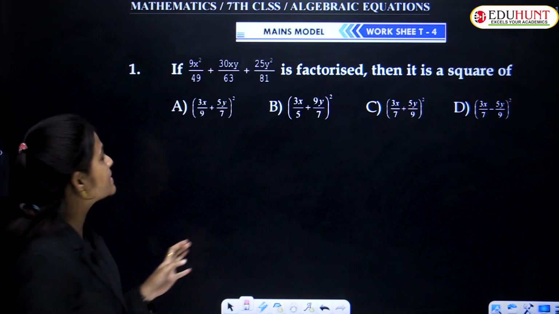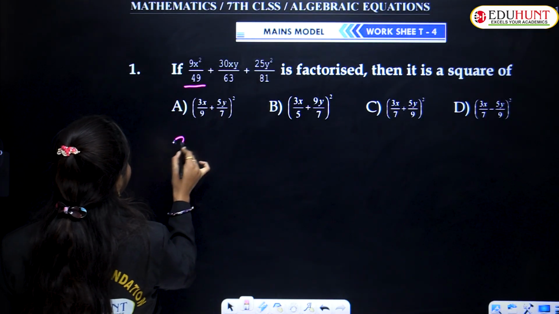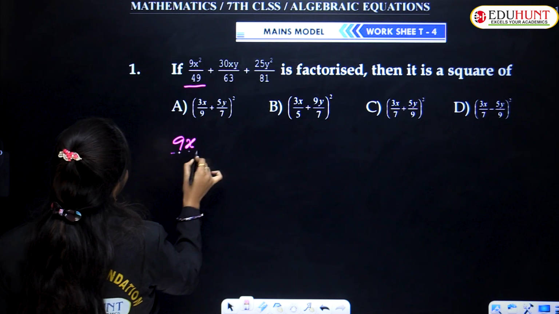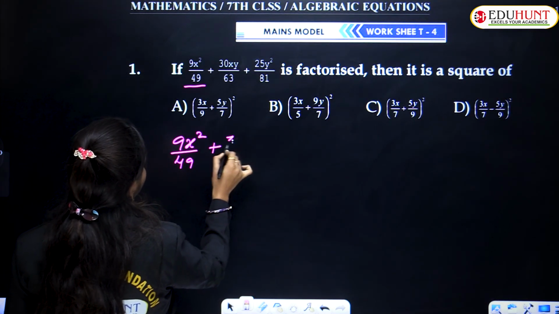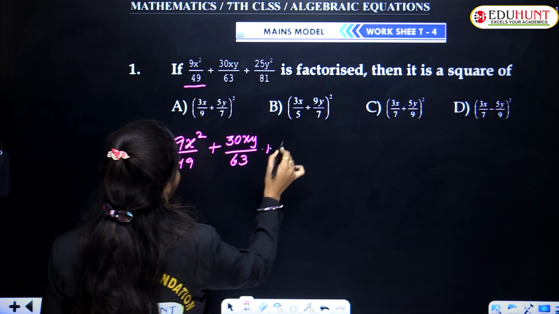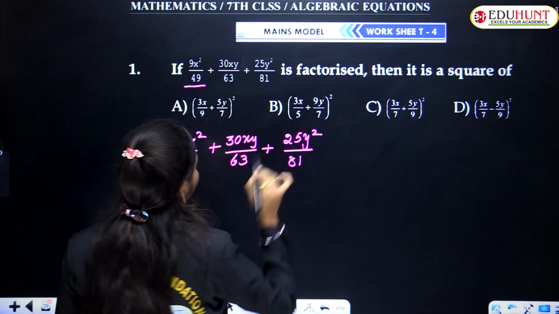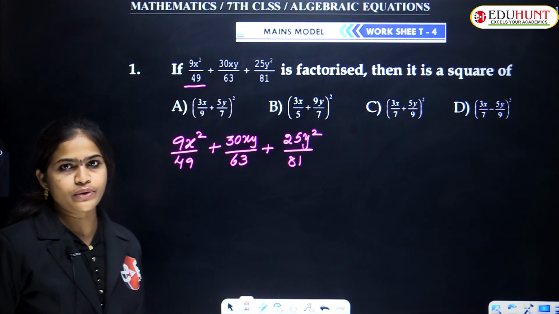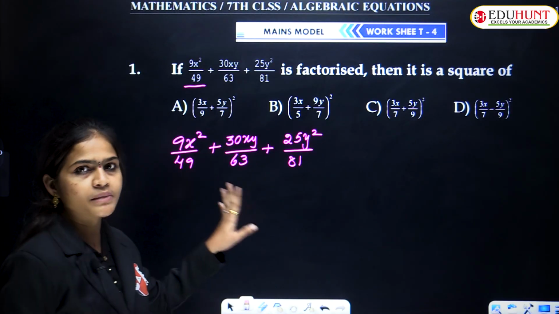The first question: to make 9x square by 49 plus 30xy by 63 plus 25y square by 81 a perfect square. Children, first see the problem clearly.